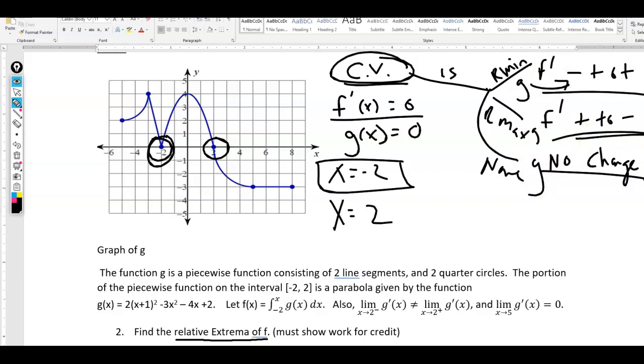Or does it go from positive to negative? Well, let's see. g is positive here because it's above the y-axis. And to the right of that point, it's still positive. It's still above the y-axis. So it went from positive to positive, and therefore there was no change on the g graph, which means there was no change for f prime, which means that this is not a relative extrema.